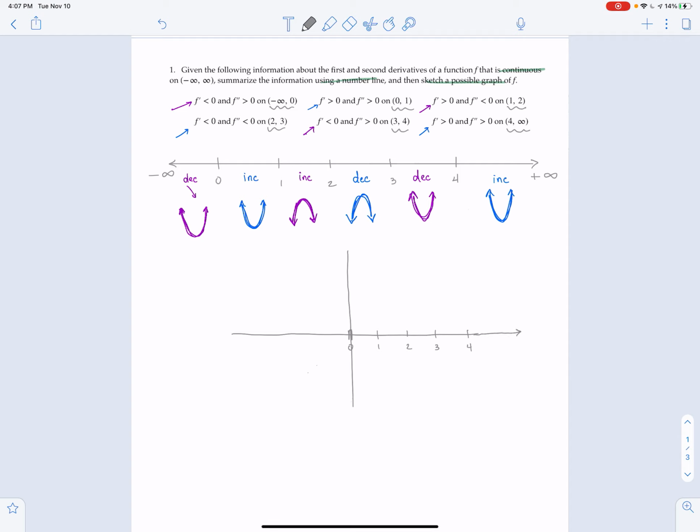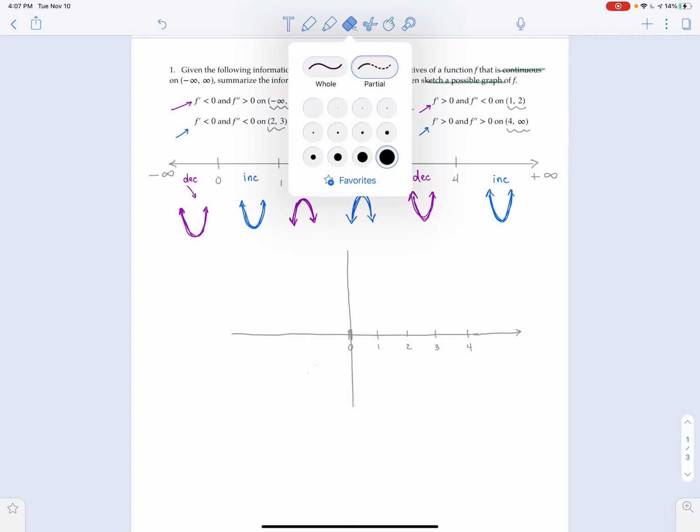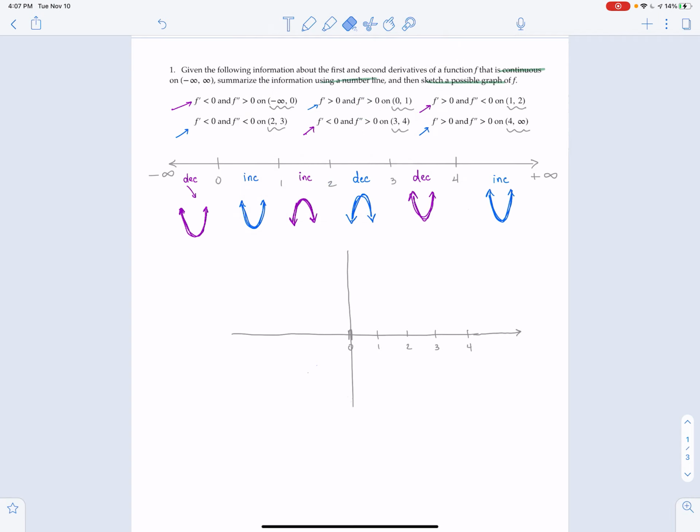Here is a trick that my AP Calculus teacher taught me way back when. If I have a decreasing and concave up section of a graph, I was taught to physically erase or cross out the part that isn't decreasing. And if I want the increasing part of concave up, I'm going to get rid of that.